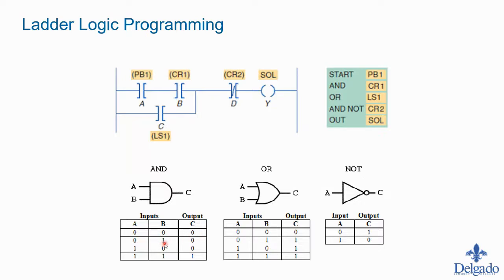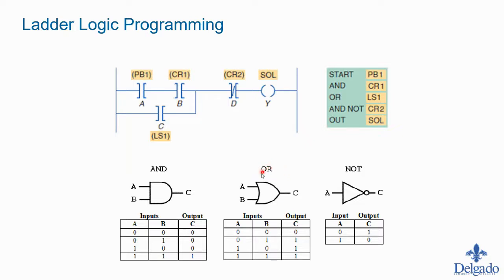If A is off and B is on, then C is off. If A is on and B is off, then C is off. But if A is on and B is on, then C is on. That's the only condition where C can be on, if A and B are both on. The other version of this is the OR gate.